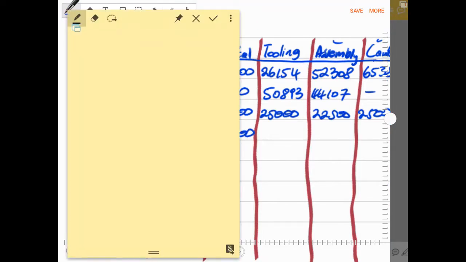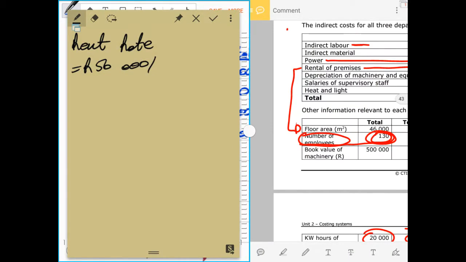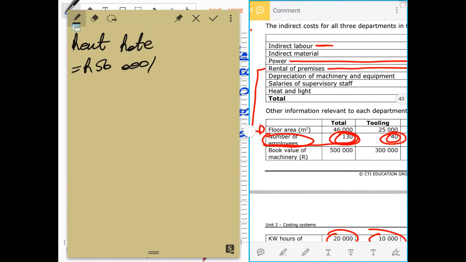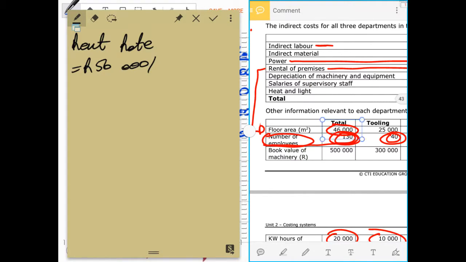And we have to say rent rate, and the rate of rent will be 56,000 divided by the total space, and the total space is 46,000.